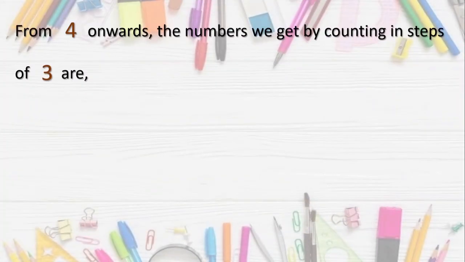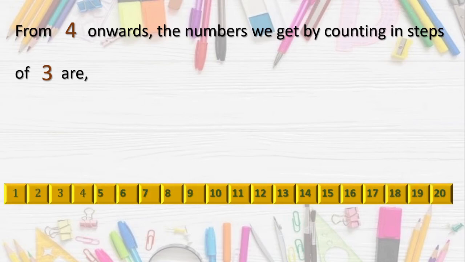Yes. Here one question is there, from 4 onwards means the starting point should be 4. Okay. The numbers we get by counting in steps of 3 are. We will find out this. First we will draw a strip of numbers. Okay. Here it is 1 to 20. What is said here?